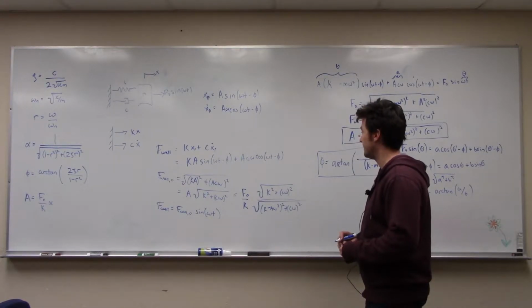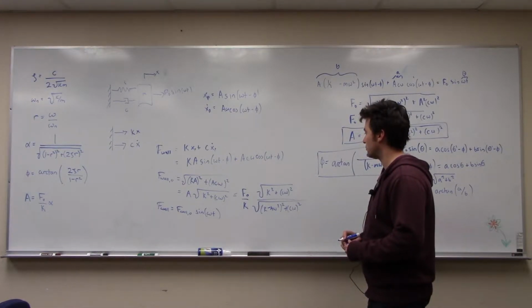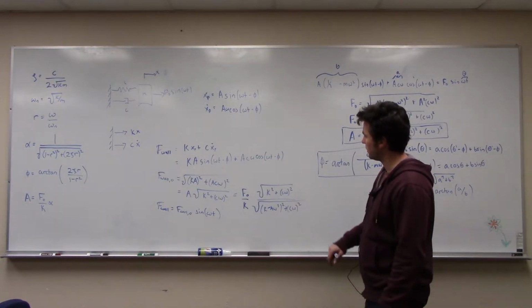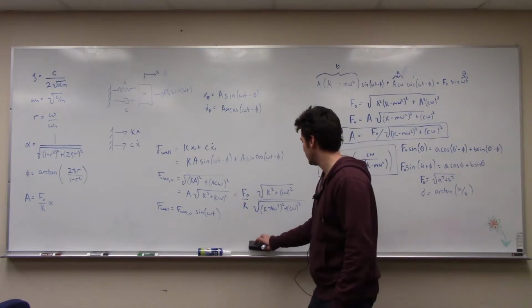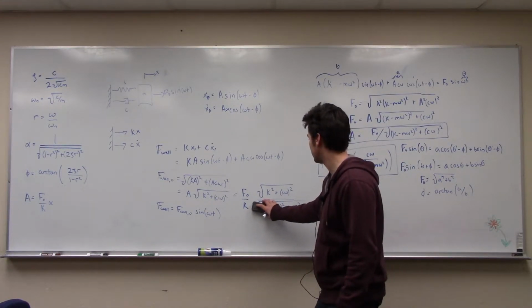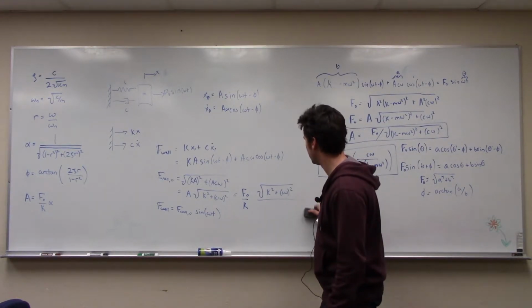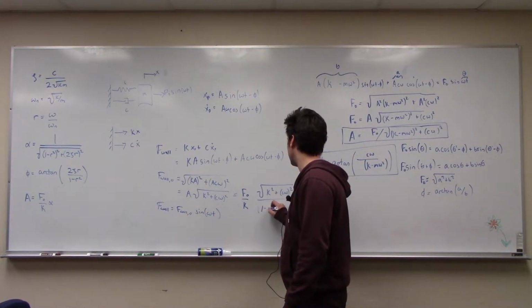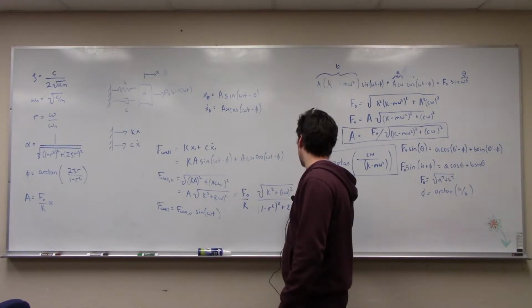And I claim that there's a different way of writing this. We know that we can write the bottom as the big square root of 1 minus r squared, that squared, plus 2 zeta r, that squared.